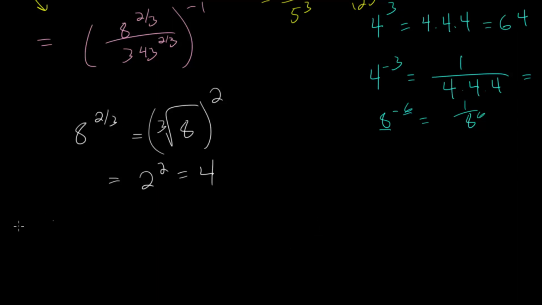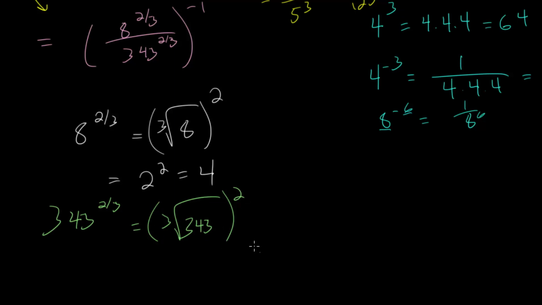The denominator, we can do 343 raised to the 2/3 power. We'll follow the same approach. We will do the root first. So we need the cubed root of 343, and we will raise all of that to the 2nd power. And the cubed root of 343, what number multiplied 3 times by itself gives you 343? That is just 7.